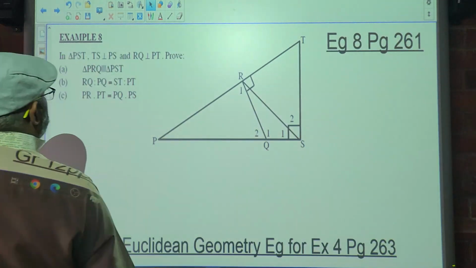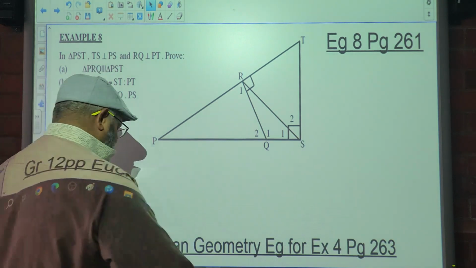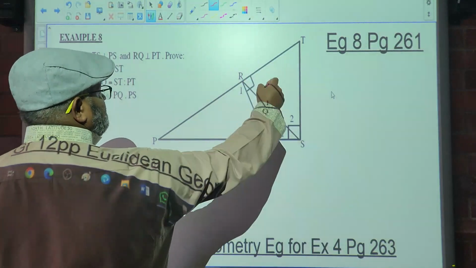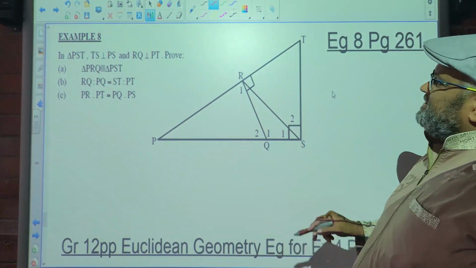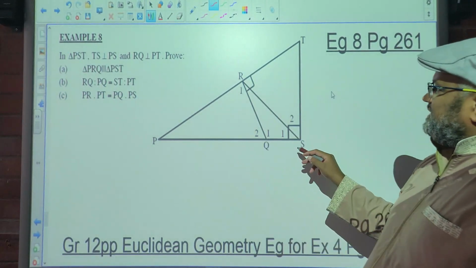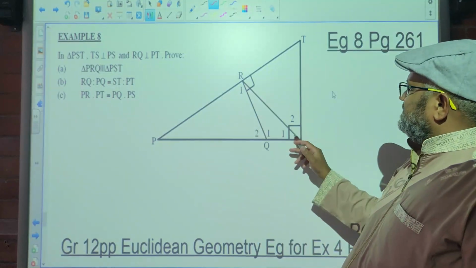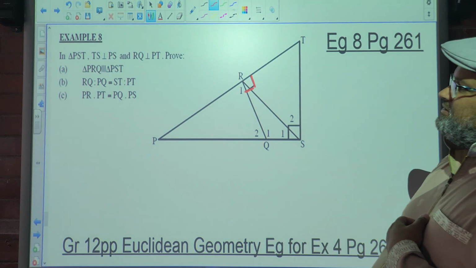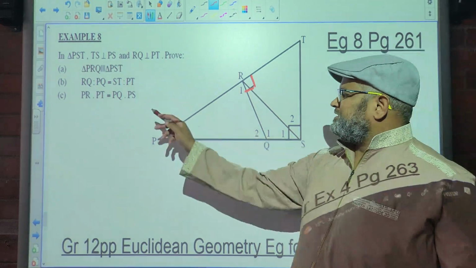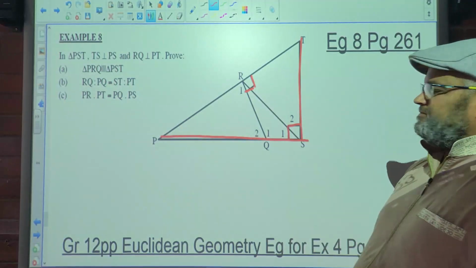Okay. So we are told that in triangle PST, this is the larger triangle here, RQ is perpendicular to PT. So they're referring to that one. And we are told that TS, which is this line, is perpendicular to that line.